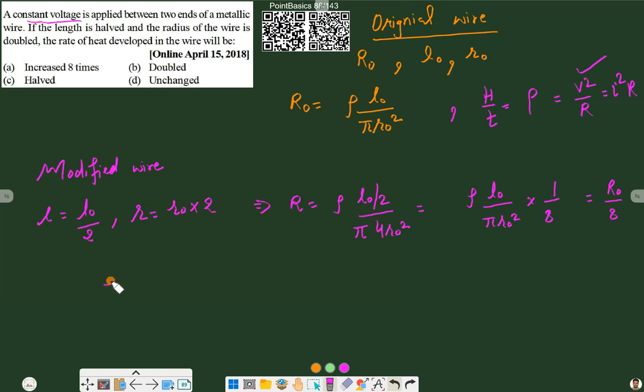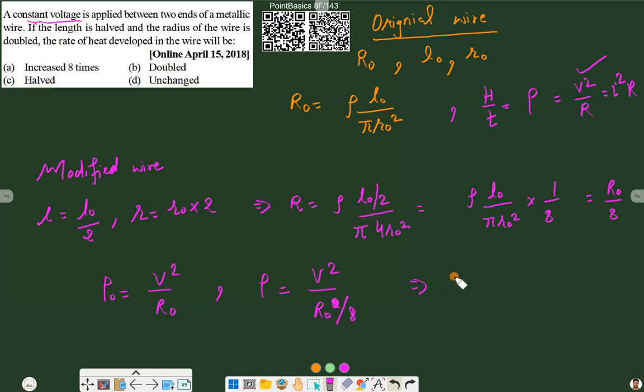So P node, the power consumption for the original wire, will be V square by R node, and P, the power consumption for the modified wire, will be V square by R node divided by 8.